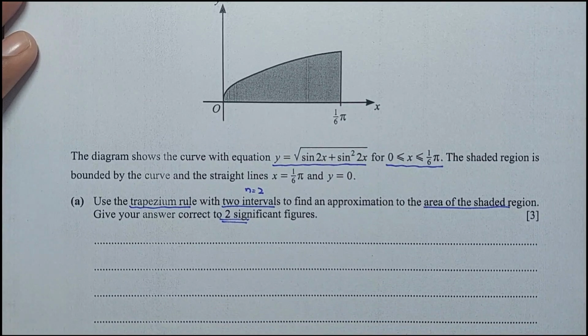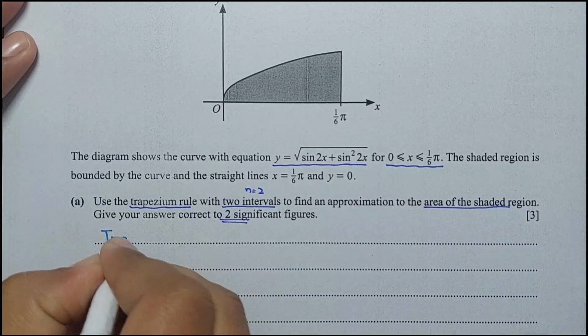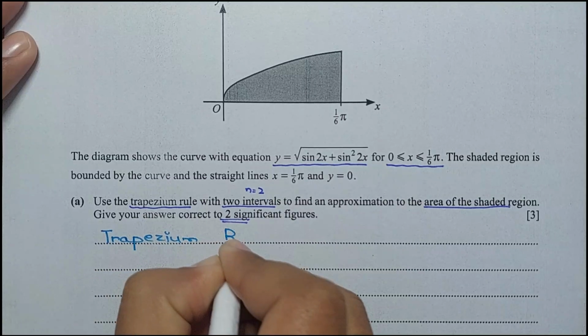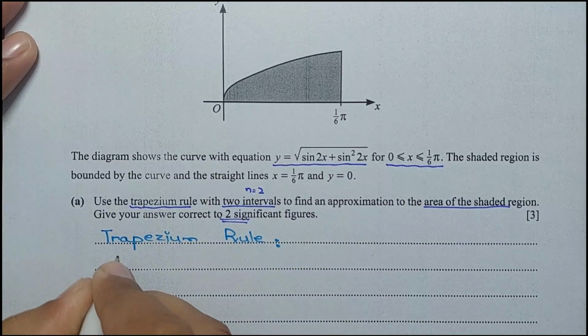The trapezium rule is basically used to find the area of the shaded region.